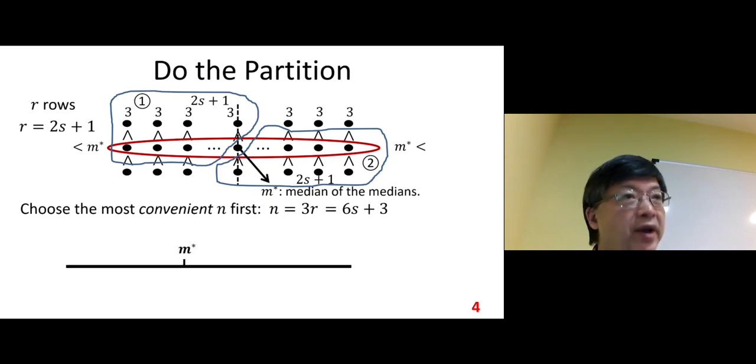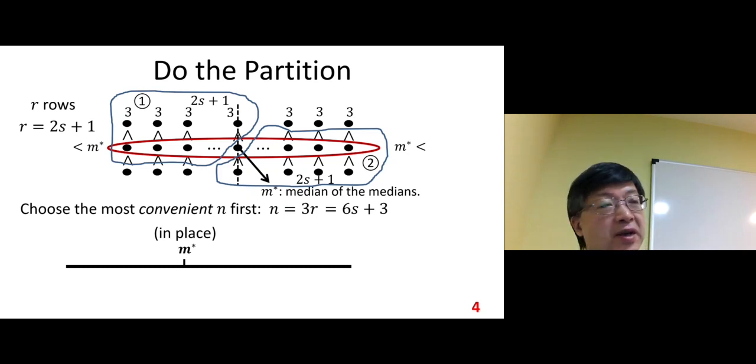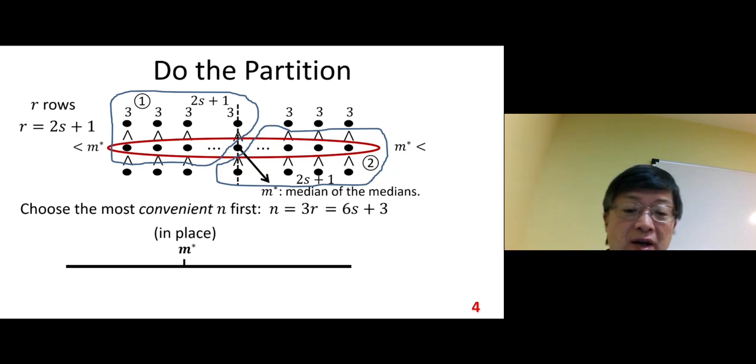Here in this array, this M star in this location is an important location because it is in place. Why in place? Because the partition element must be in place.